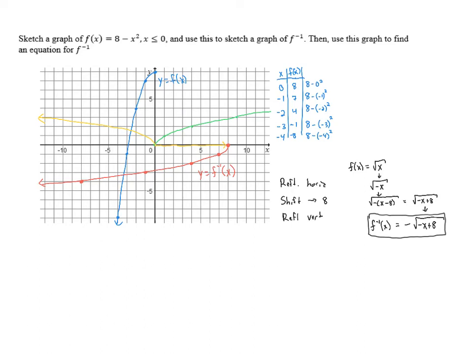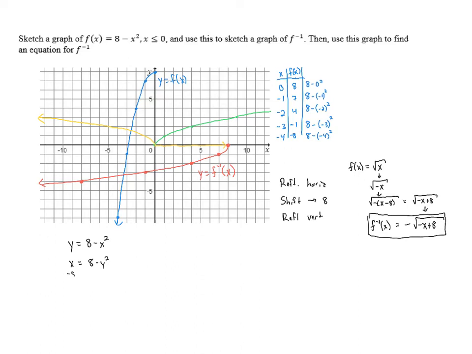If we want to, we could also do this algebraically to double check our work. And I actually would really like to do that because I am not 1000% sure that I've got that right. So if we take our f of x and replace it with y, this is y equals 8 minus x squared. Then we switch the x and the y, x equals 8 minus y squared, and then we need to isolate the y.